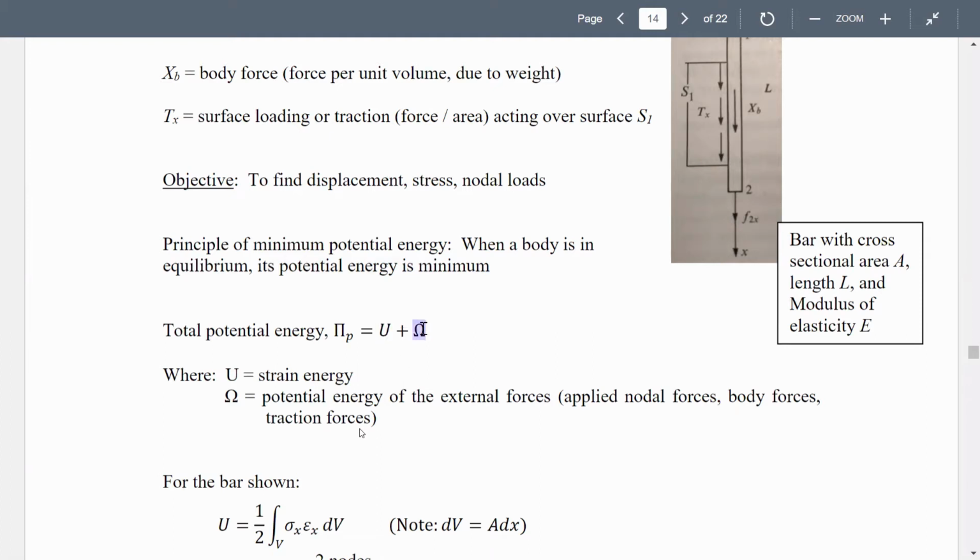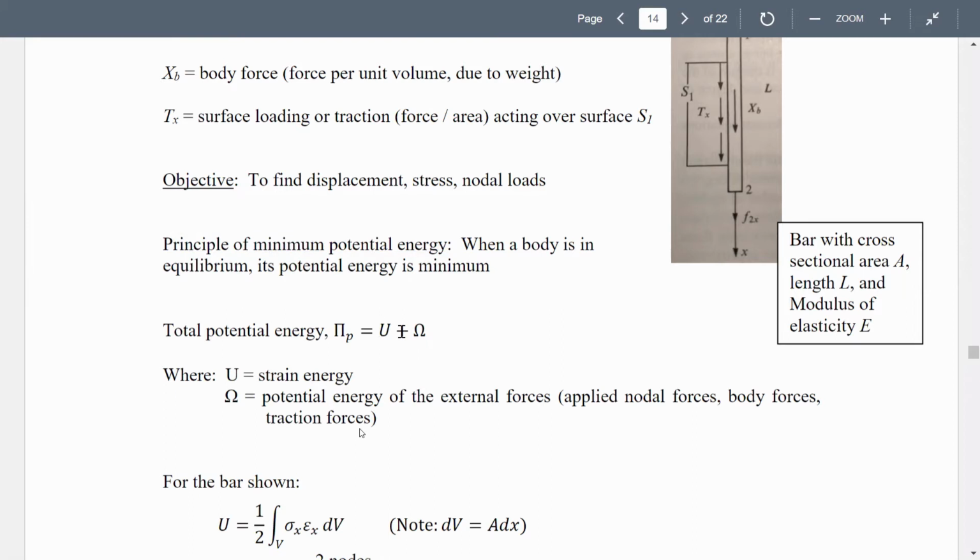Another energy: when you apply these loads to this structure, they deform it, so this force does some work. There is some potential energy due to this force, and there is some potential energy due to this force. Adding everything together gives total potential energy. This must be minimum according to the principle of minimum potential energy.